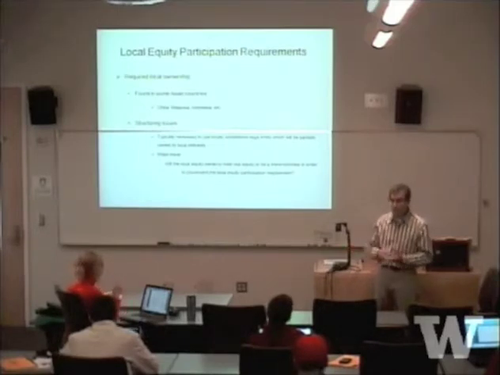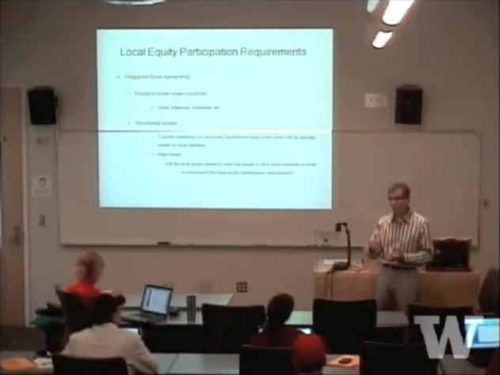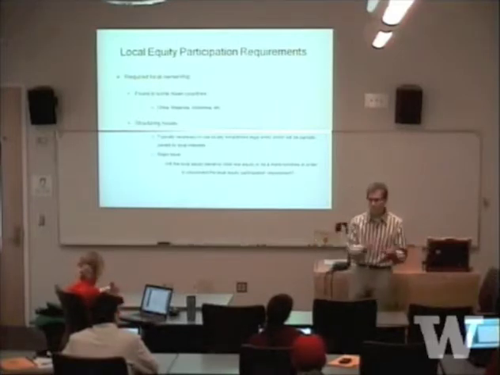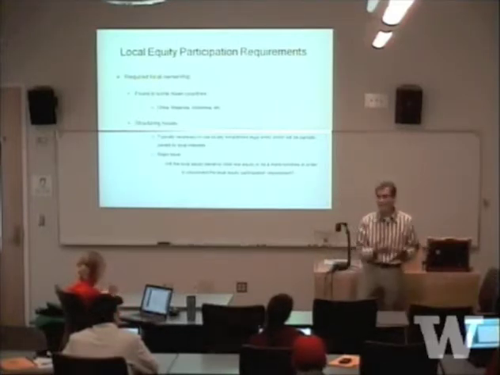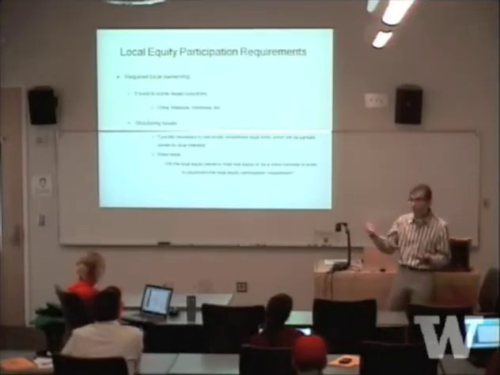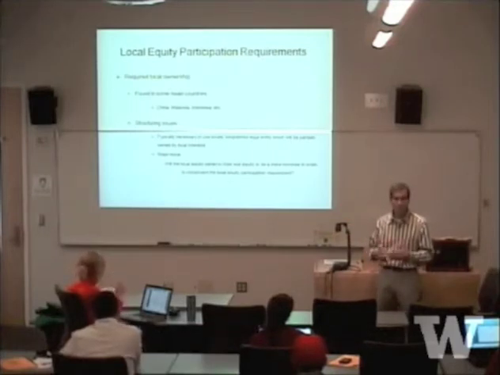Now, when you get to your ABC case study, if you're choosing a country where you find that maybe a local equity partner is an absolute necessity, otherwise they cannot do business in that country, then this will affect what sort of structure you choose.